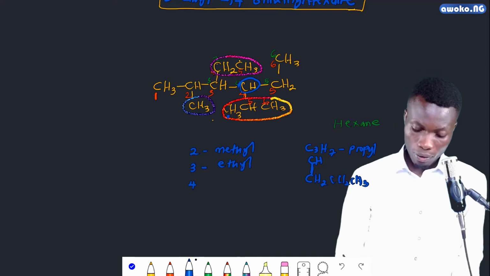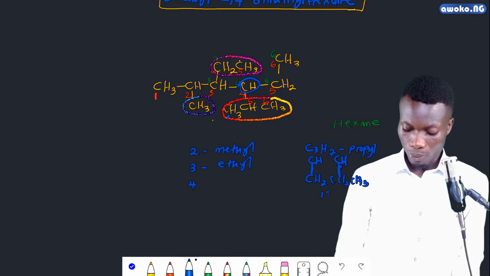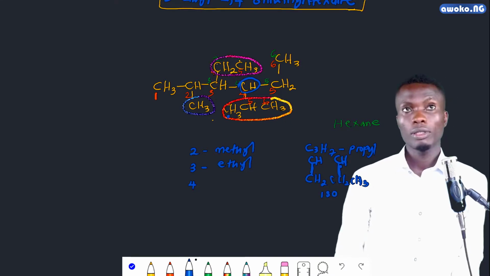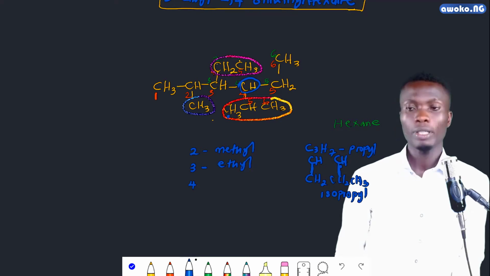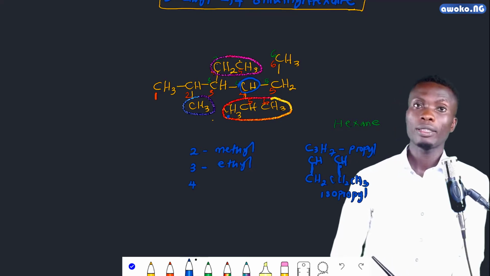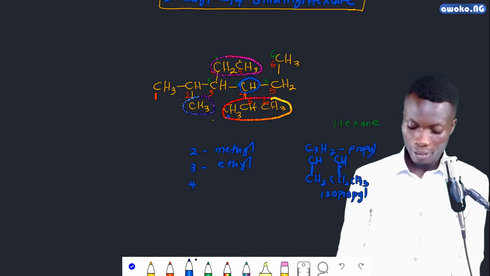But if you look at it now, it's attached at the central carbon. The CH is attached at the central carbon. So therefore, we are not in a hurry to call it propyl again. We now add the word iso to it. So we have isopropyl instead of the normal propyl, telling you that that is an isomer of propyl. So therefore, we have isopropyl.